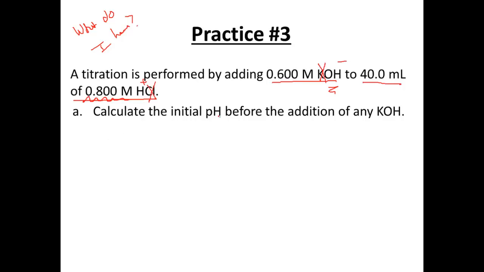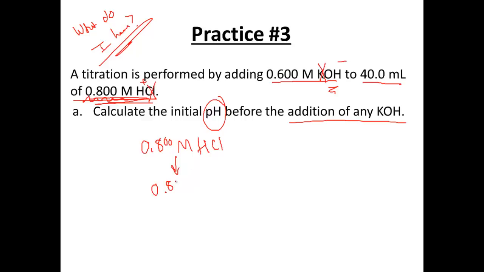It says calculate the initial pH before anything has been added. And that's really important, because before you add anything, the question is, what do I have? Well, the only thing you have before you add hydroxide is a solution of HCl. So at this point right now, all we have is 0.800 molar HCl. This is a strong acid, so therefore this is the concentration of the H plus ion.